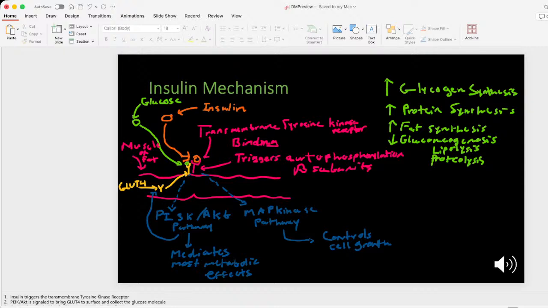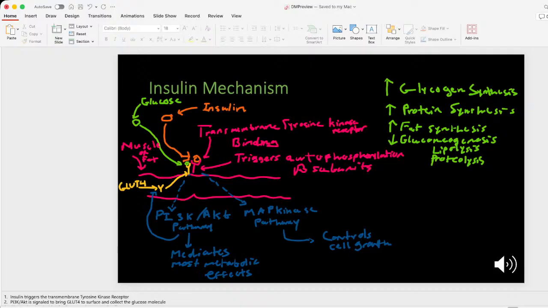First it activates this switch in order to activate this other switch. And then that glucose gets used for energy, protein synthesis, fat synthesis, all those kinds of things.